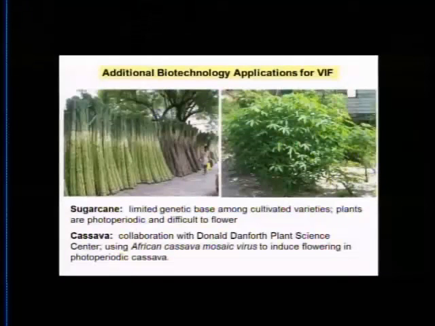Okay, so we've teamed up with a group at the Danforth Center in St. Louis, Missouri, where they have many large projects in cassava, and we're going to see if this technology can do something to benefit cassava breeding. These again, I have absolutely no results to tell you about any of these things. It's just an indication of the directions that we're taking it.